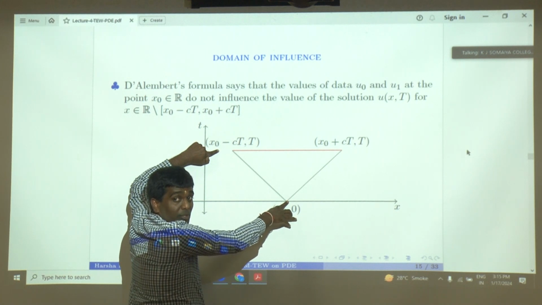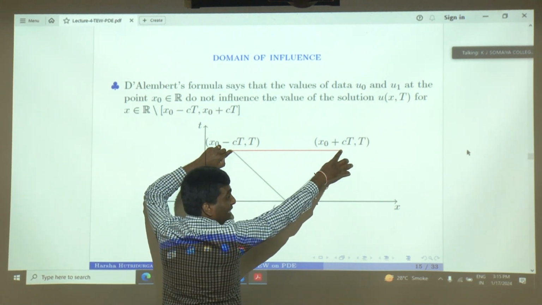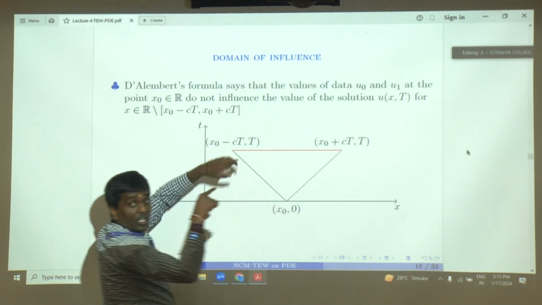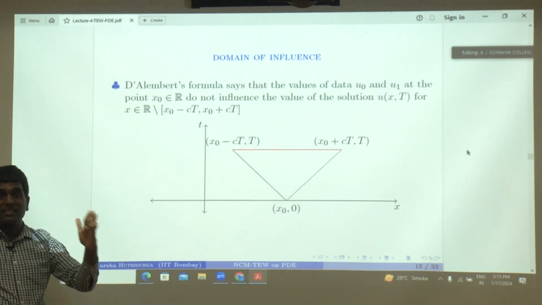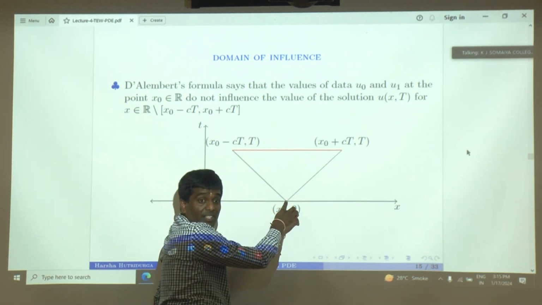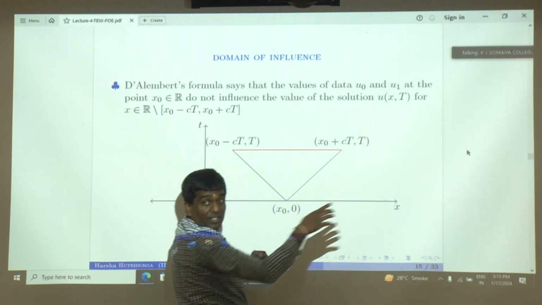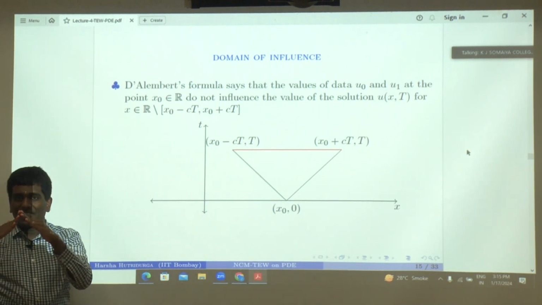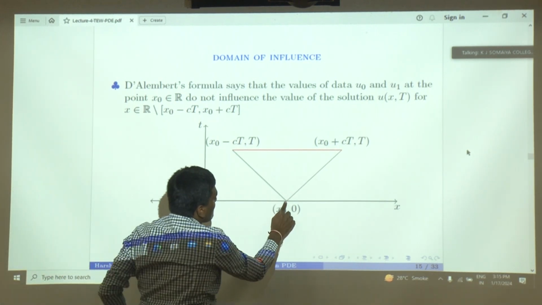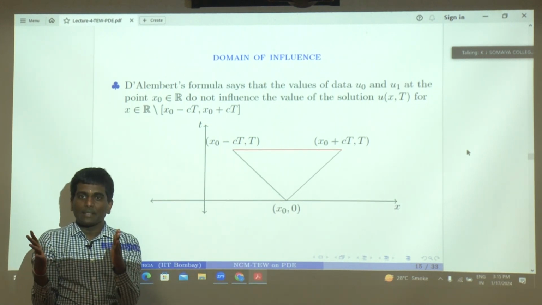The point I'm trying to make is that only for those points standing on this red line, when you draw those lines of slope plus c and minus c, will this point be part of the interval of the domain of dependence. Once you go out of this red line, and you draw those two lines with slope c and minus c, this point x naught is never part of the domain of dependence.